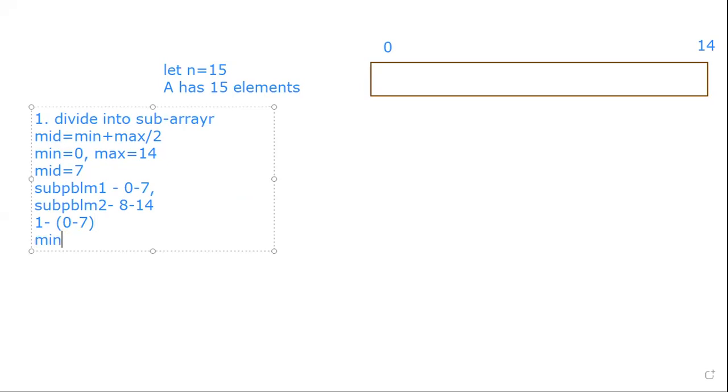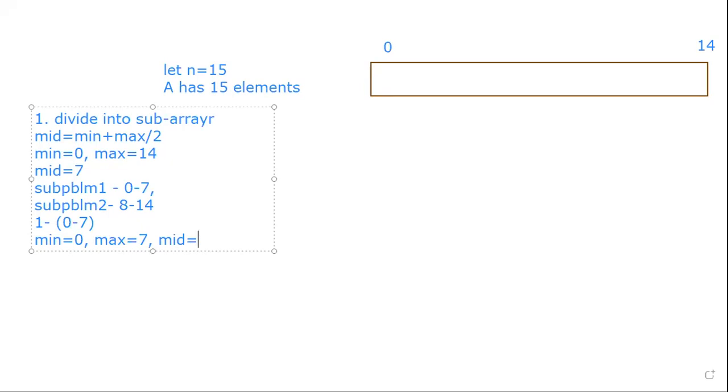At this step, minimum is equal to 0, max is equal to 7, mid is equal to 7 by 2, which is 3.5. We can take the ceil value or the floor value, that is up to you.